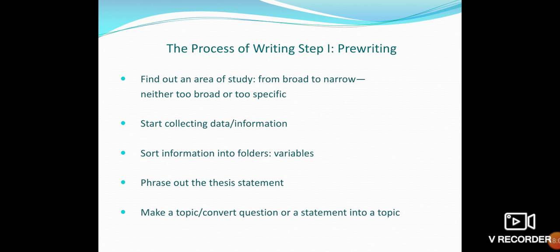Then narrow down your area, focus on your topic, find out variables, categorize variables, start collecting data, and logically coordinate them. So this is what you are going to do in the pre-writing task.